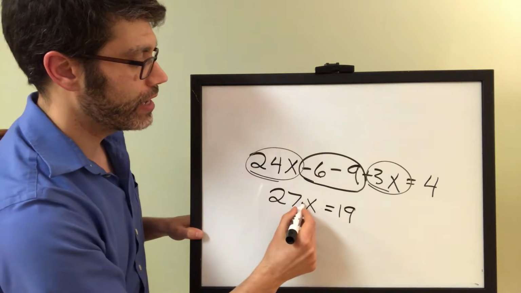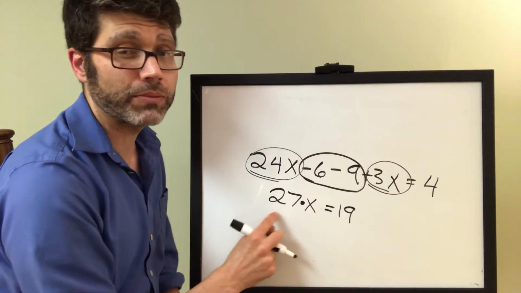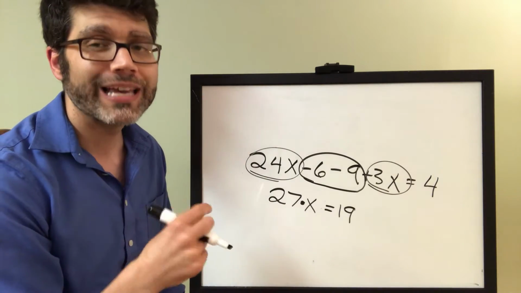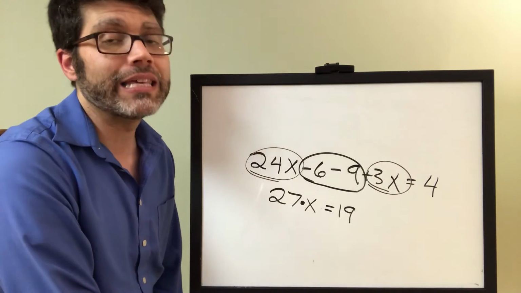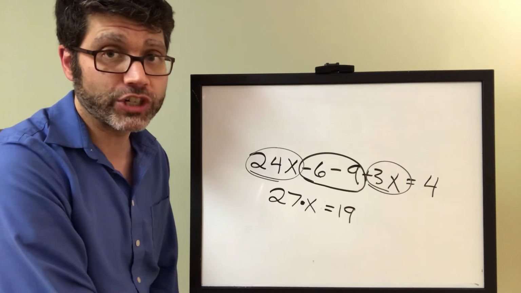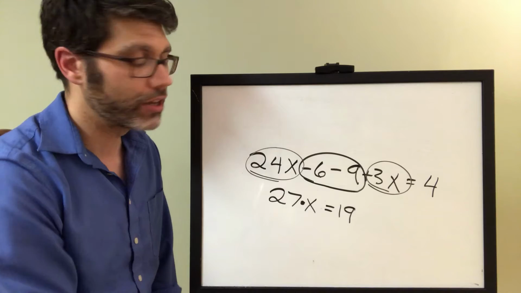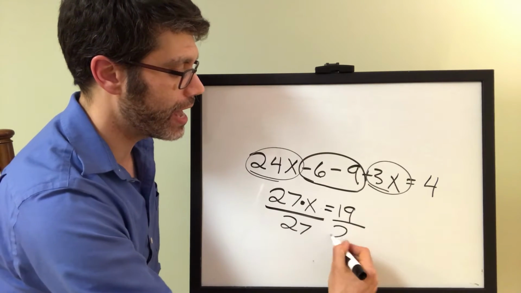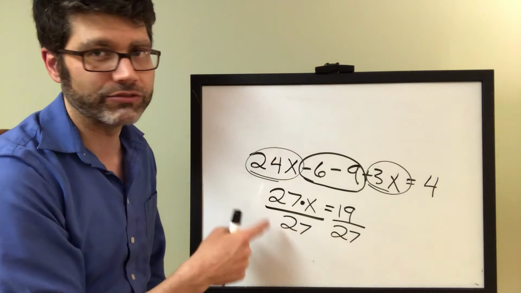And now this 27 is being multiplied against this x. The only way that you can undo multiplication is with its inverse operation. The inverse operation of multiplication is division, not any other operation. So you can only divide this by 27. You cannot try to subtract 27 from here, for instance.